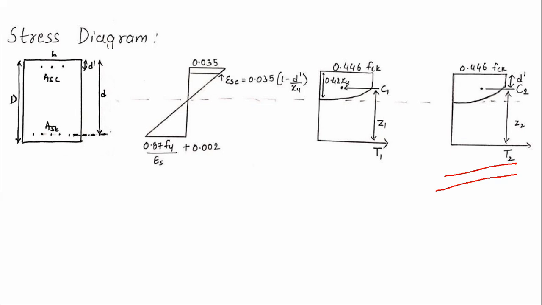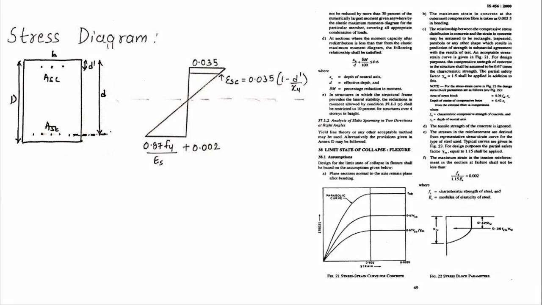Again here C1 is acting at the CG of concrete, that we can see from page number 69 of your code. Here from page number 69 we can see this figure, your stress strain diagram for a singly RC beam.